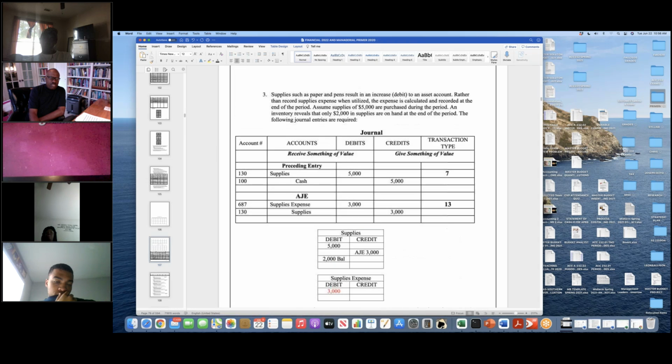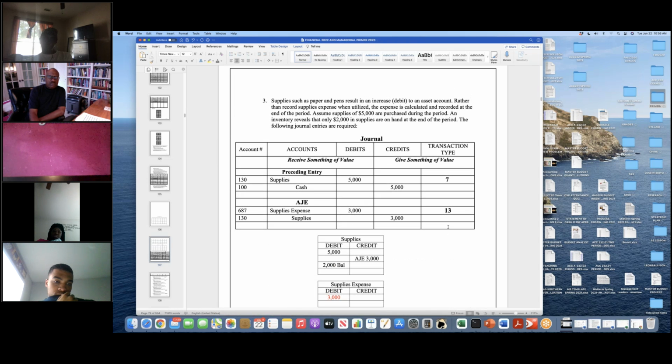The first one we looked at was supplies. And we said supplies such as paper, pens, etc., are debited to the asset account. But we aren't going to record the supplies daily, make an entry every day.